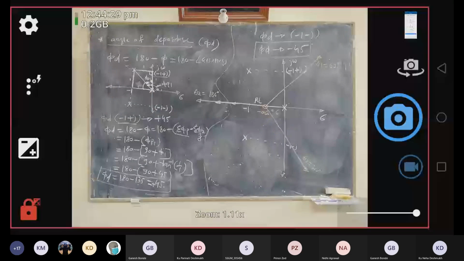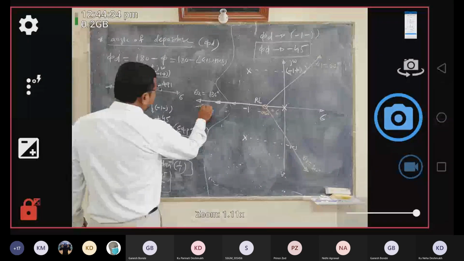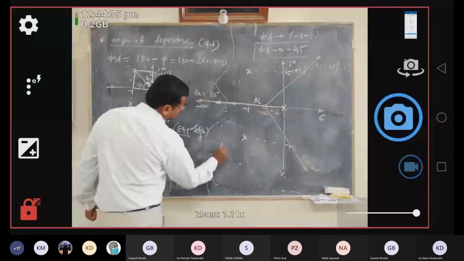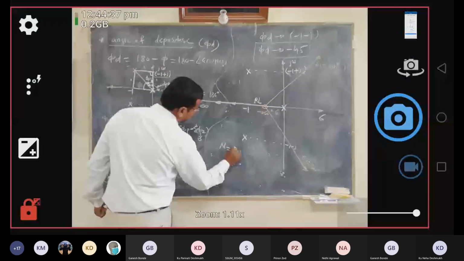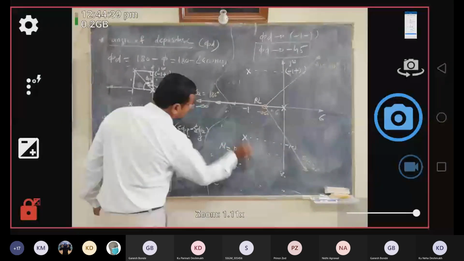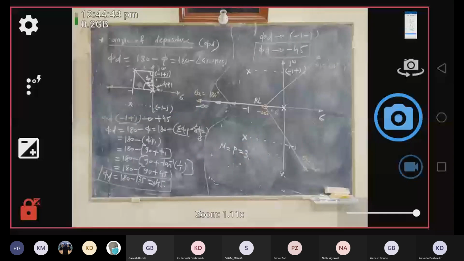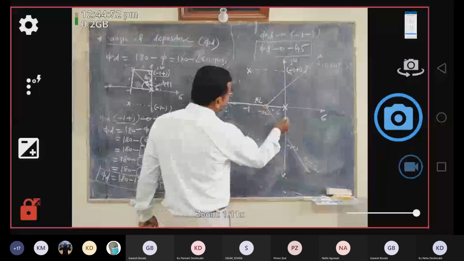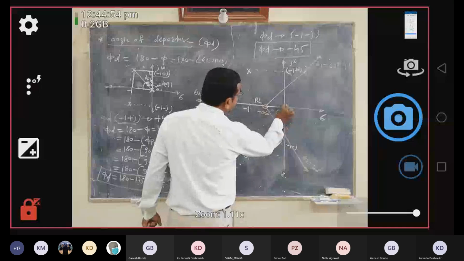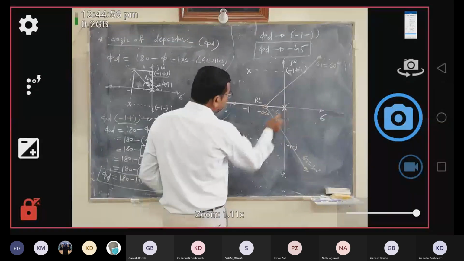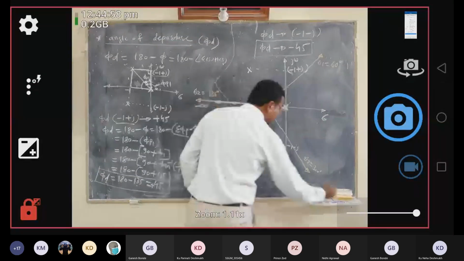Okay, then starting up the root locus branches. We have n equal to p equal to 3. So how will your root locus start? Root locus branches always start at open loop poles and terminate at open loop zeros, if present. Here there are no zeros, so first take the simple one. One root locus branch will start at this pole.